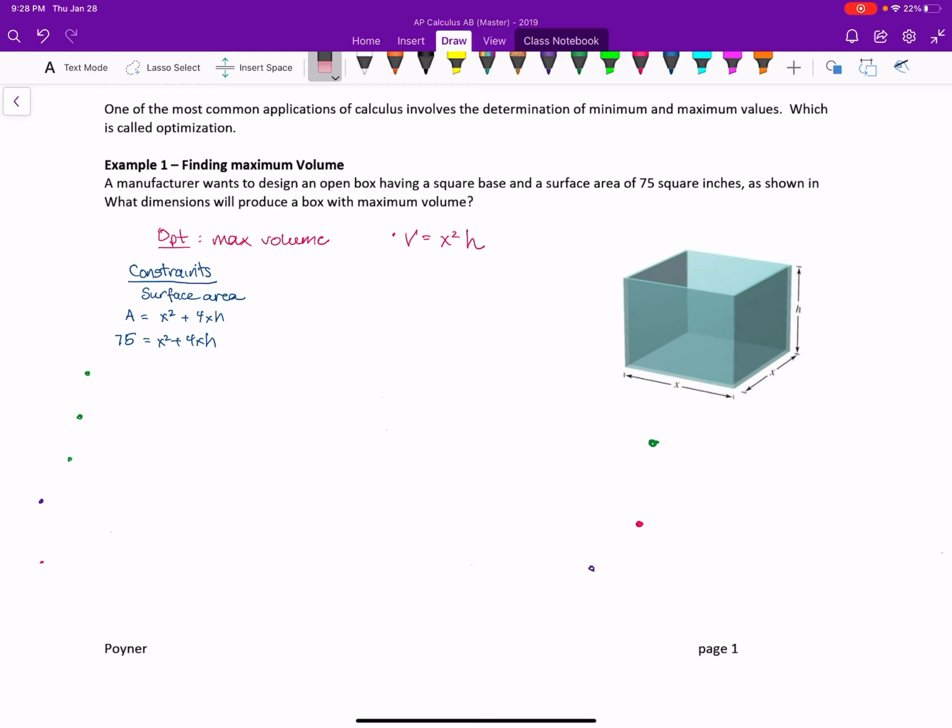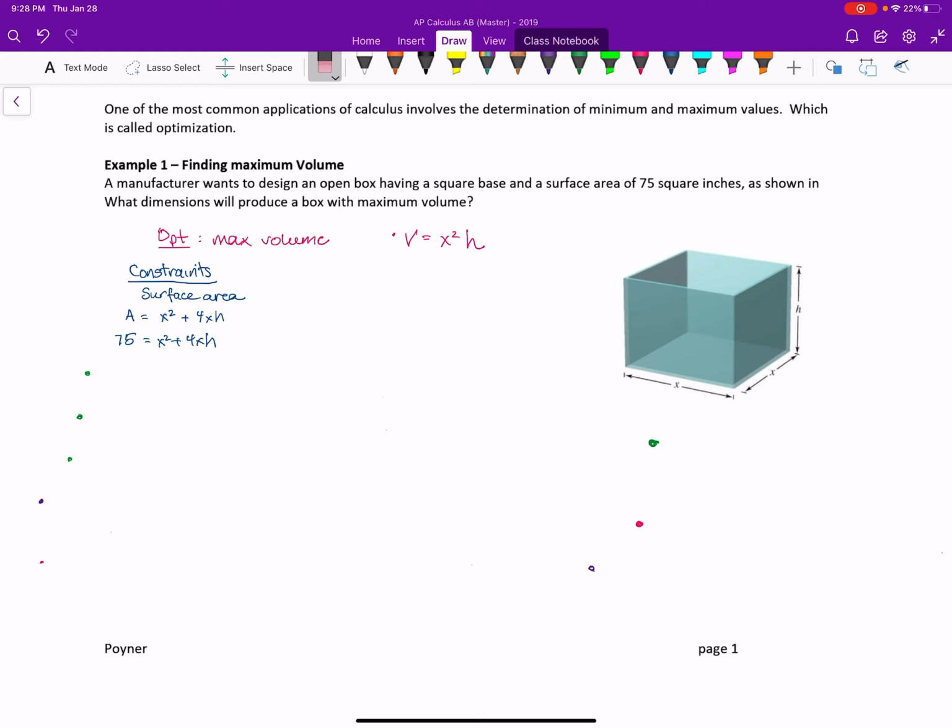Up here, that's an h, and here is an x. So this front is xh, the side is also xh, the back is xh, and the left side here is xh as well. There are 4 of those of that particular size, so that's where I got the formula for the surface area, right? And I know that that's going to be 75. So this is my constraint.